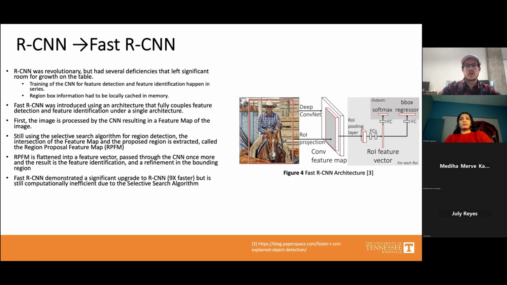And basically, the goal of this is you're using one central neural network actuated in two instances to both detect your features and detect the boxes around them. This was an absolutely colossal upgrade from RCNN in terms of computation time. It was on the order of 9 times faster. But again, it's still a little computationally inefficient due to the selective search algorithm.